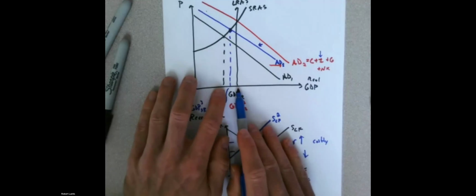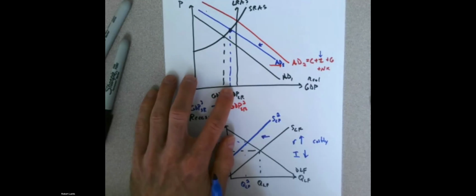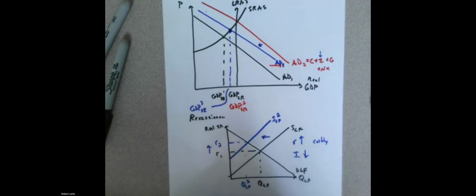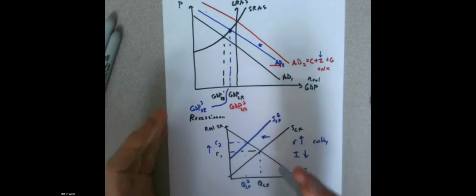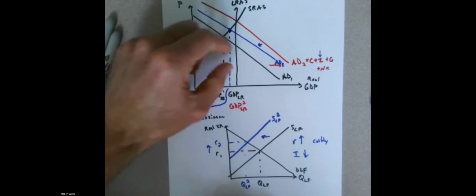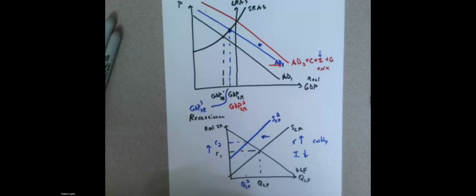Now, the gap has gotten smaller from that government spending, but that secondary effect mitigated what the impact of that government spending was. It didn't completely close the gap because of this secondary effect from the loanable funds market and its impact on investment. We didn't quite close that gap.